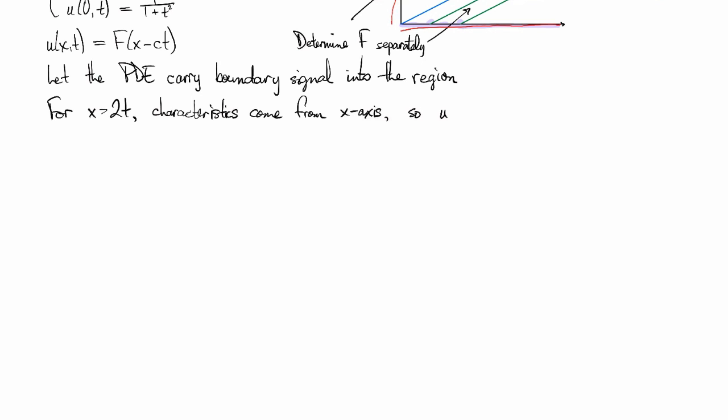So if we look at the initial value, u of x, 0, this is going to be f of x, which is e to the minus x. And so that tells us that f of x minus ct is e to the minus x minus ct.